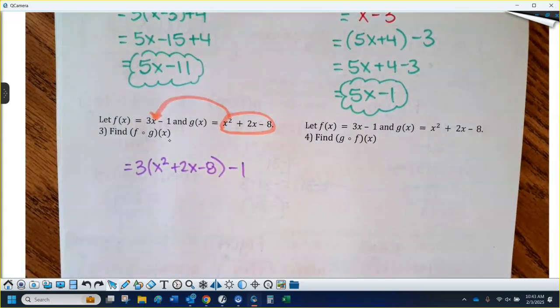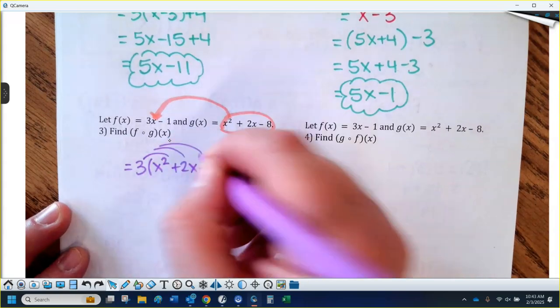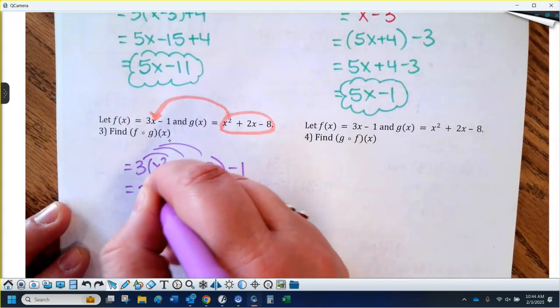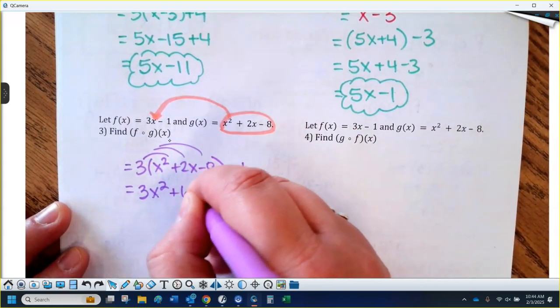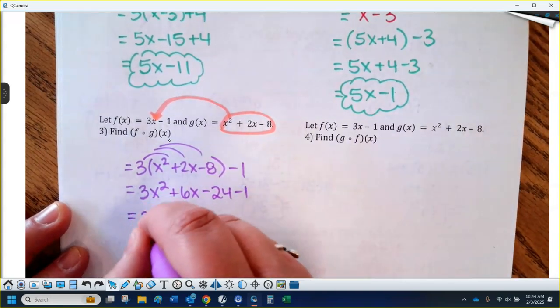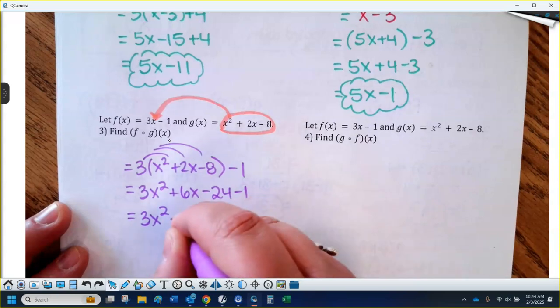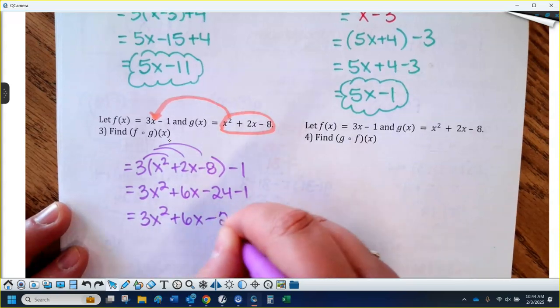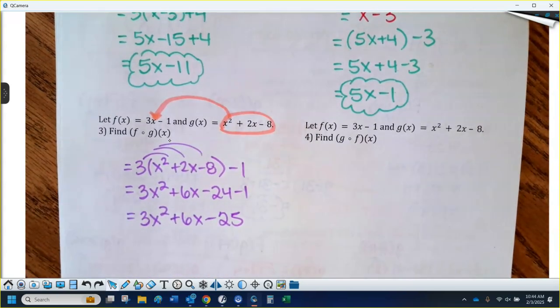So it was 3x minus 1, so don't forget the minus 1 part after you plug that in. Then it's just a couple steps. We're just going to do a little distributive property. So we get 3x squared plus 6x minus 24, then minus 1. 3x squared plus 6x minus 25 would be my answer.